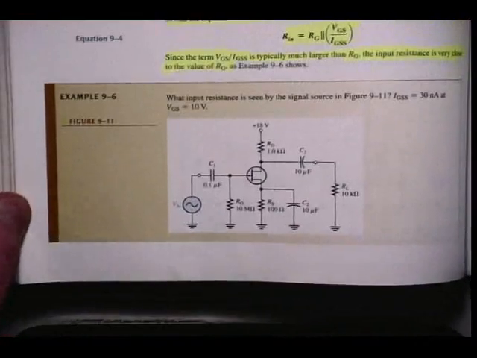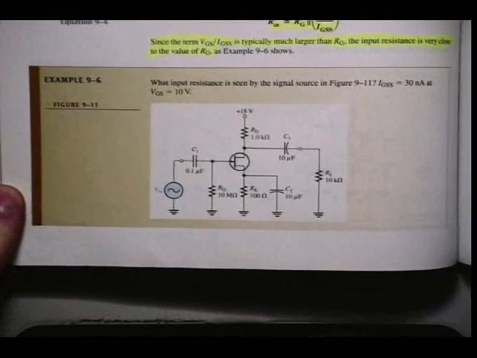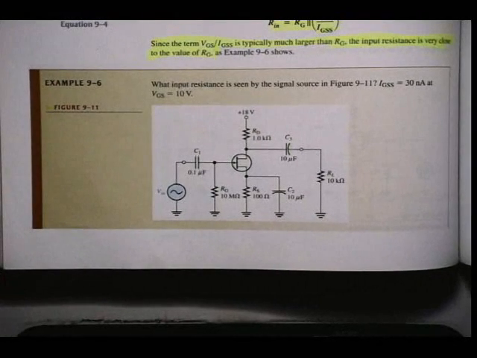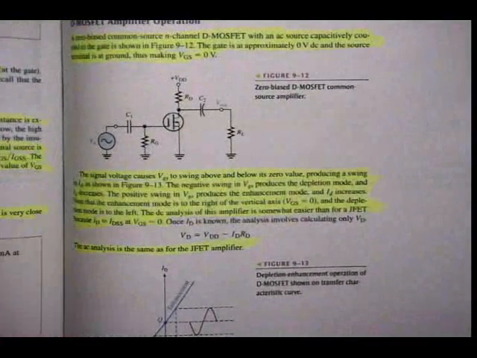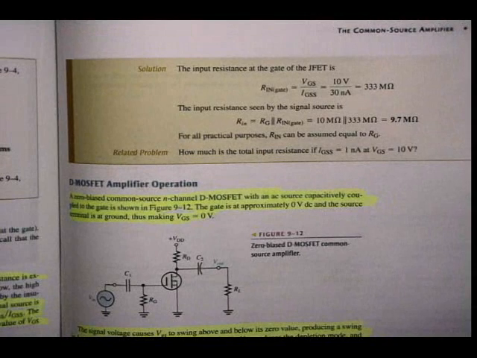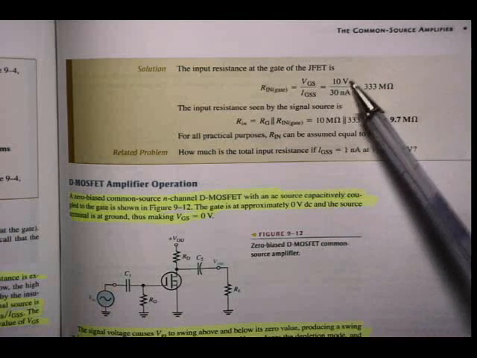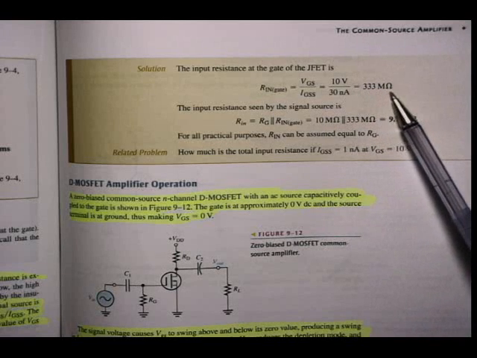Alright, but if we look at the example 9.6, the input resistance is seen by the signal source in figure 9.8. What is the input resistance? IGSS is equal to 30 nanoamperes at VGS of 10 volts. So if I go and calculate the input resistance at the gate, at the top of page 445, the input resistance at the gate of the JFET is 10 volts divided by 30 nanoamperes, which is 333 mega ohms.